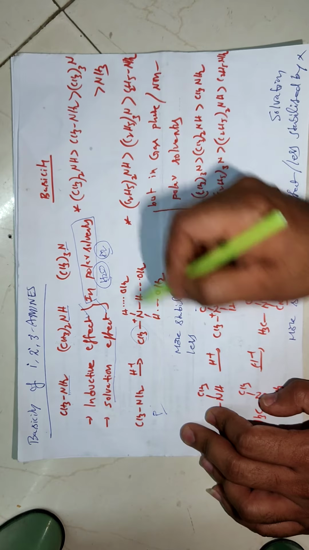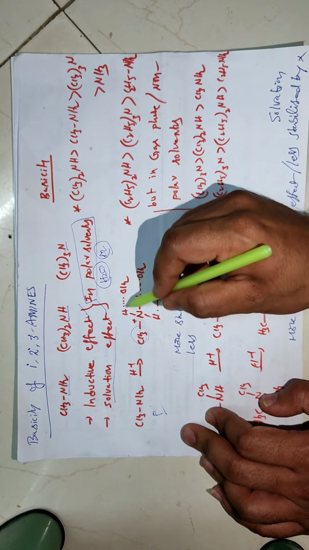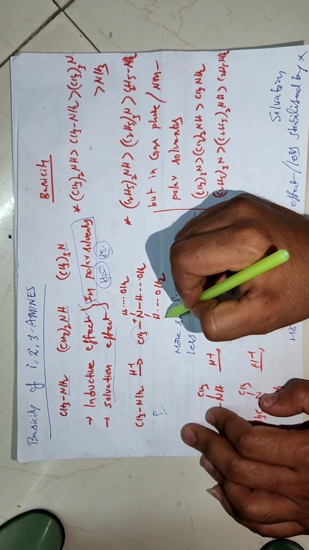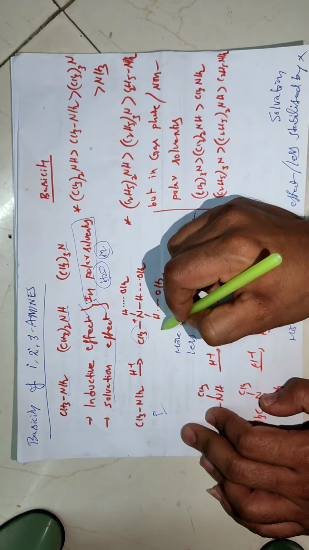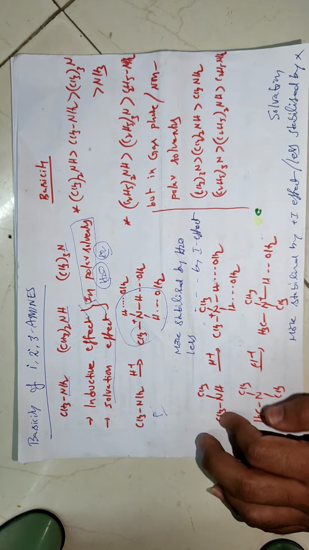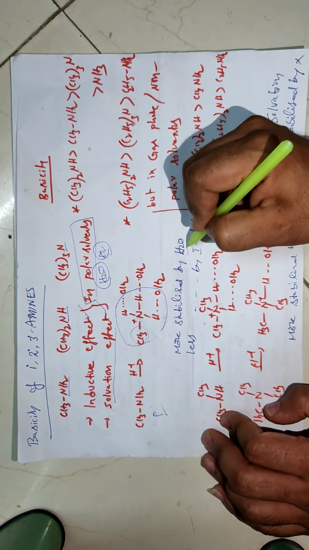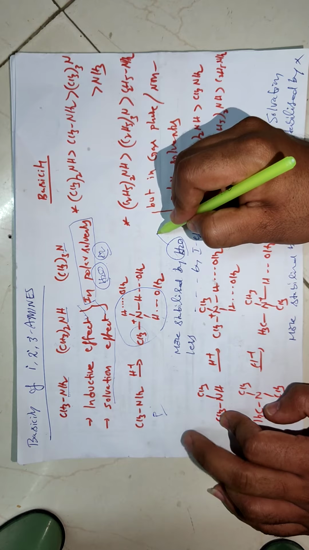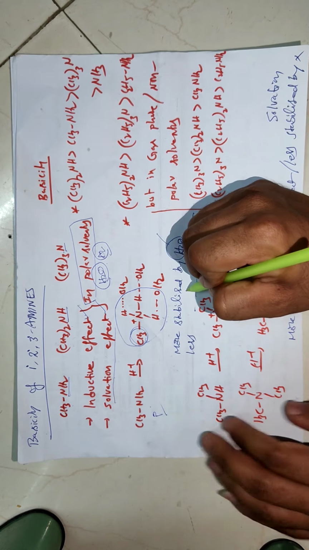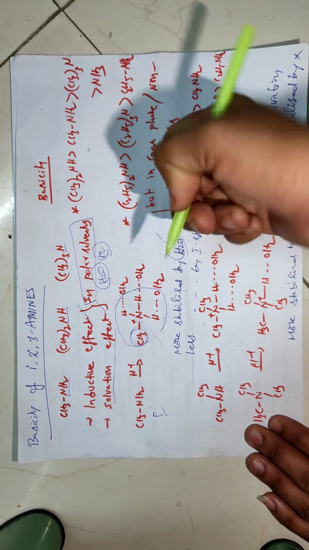For example, water: the water molecules can be attracted towards this hydrogen and this hydrogen. That means more water molecules surround this conjugate acid, so it is more stabilized by the polar solvent. But there is only one methyl, so it is less stabilized by the plus I effect of the methyl.